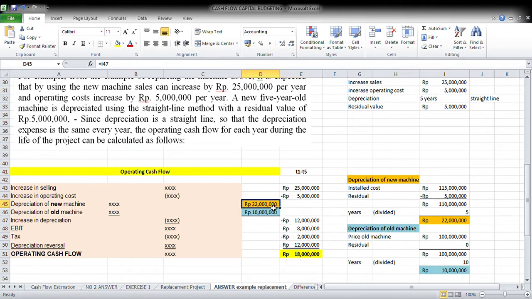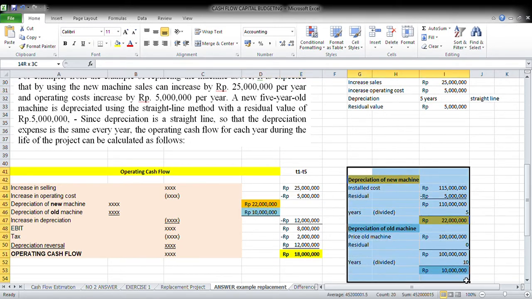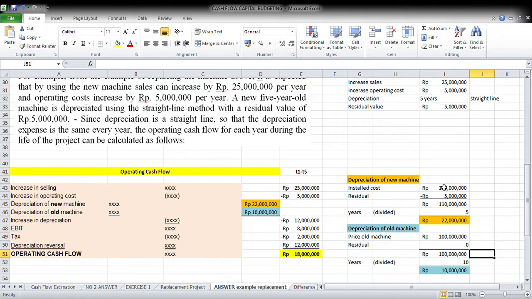And the depreciation, this is from the calculation of depreciation, installed cost minus residual, and then divided by years. Okay, so this is the increasing. So kalau kalian menghitung depresiasi ini adalah selisih. Ya, selisih yang harus diminuskan.